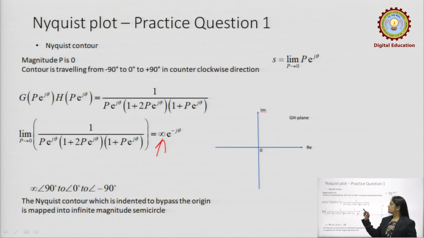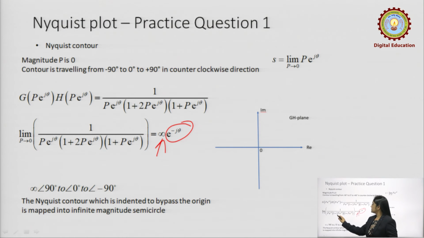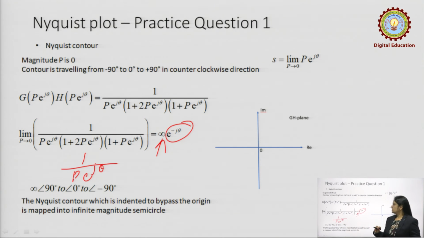The mapping of this indented contour has infinite magnitude, and the angle is, if you simply replace 0 here, we get 1 divided by p e raised to j theta by applying the limit.